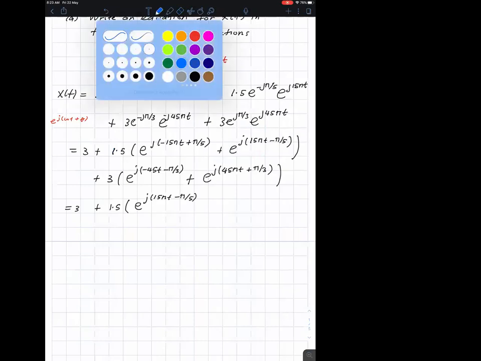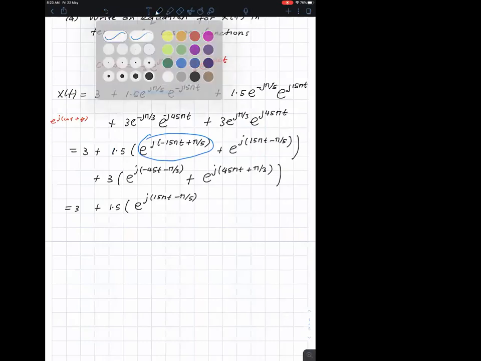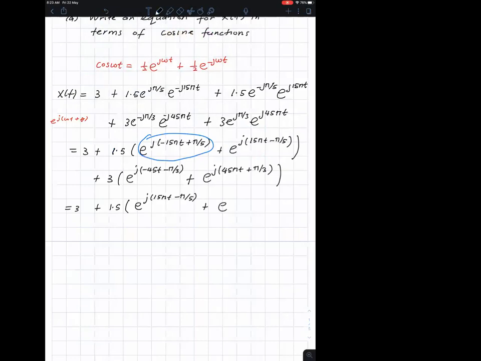Let's next look at this part here. So that's going to be e to the j. I'm going to put a minus sign outside here so that the term inside becomes positive, minus pi t.